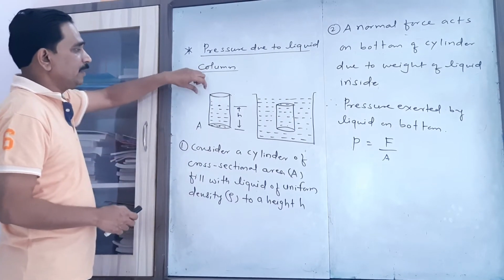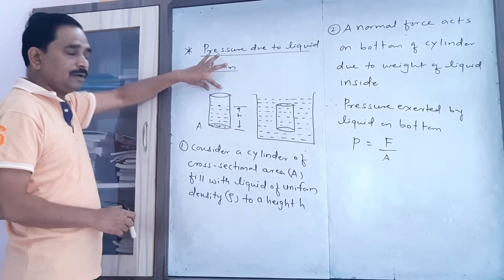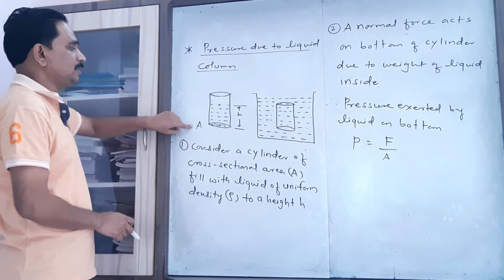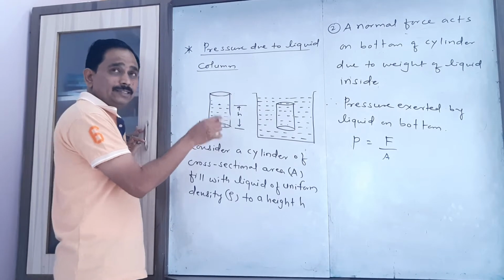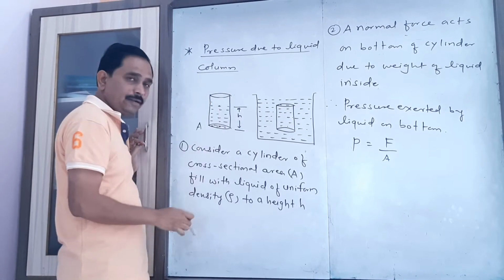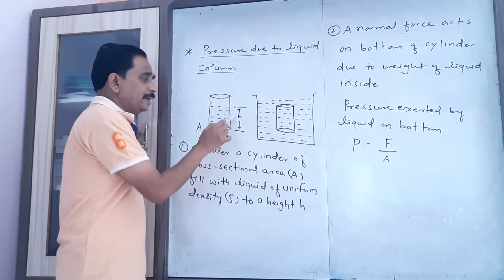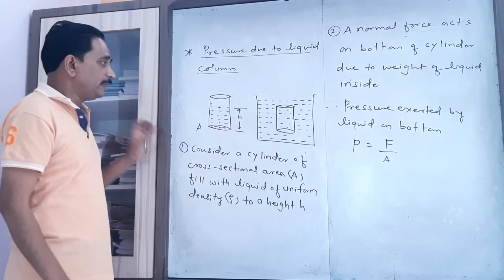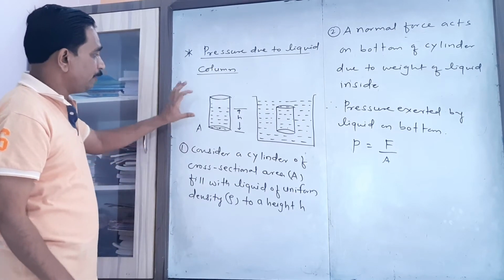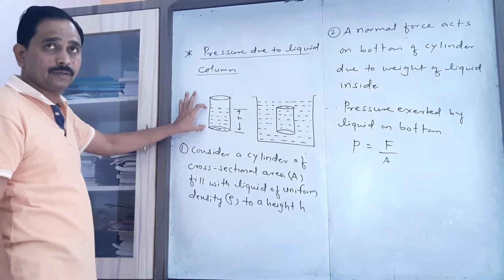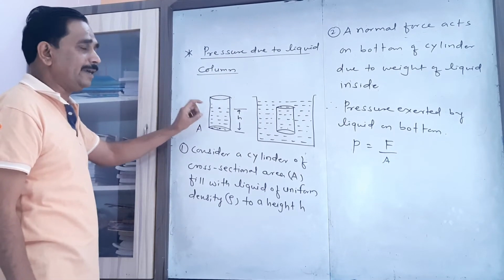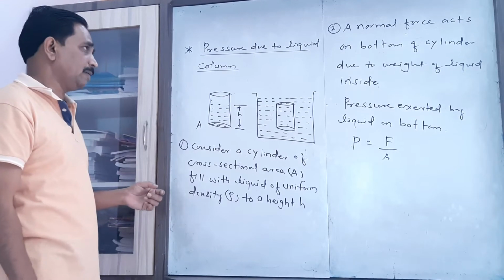So this is a cylindrical vessel whose cross-sectional area is A, and some liquid is taken in that cylinder whose height is h. Then we have to find the force exerted by that liquid on the wall of that cylindrical vessel.